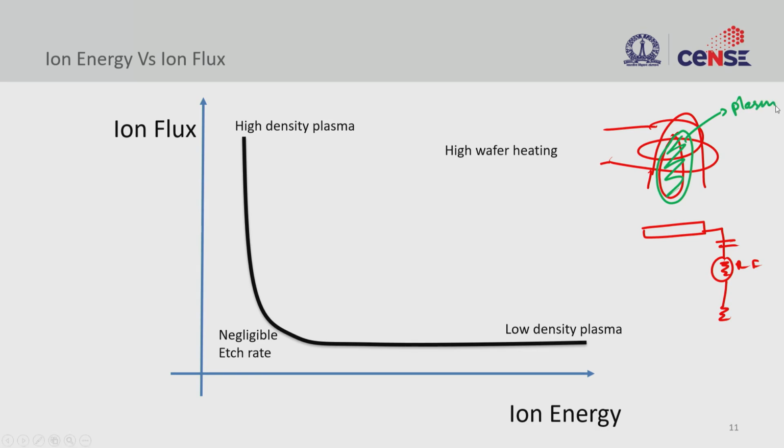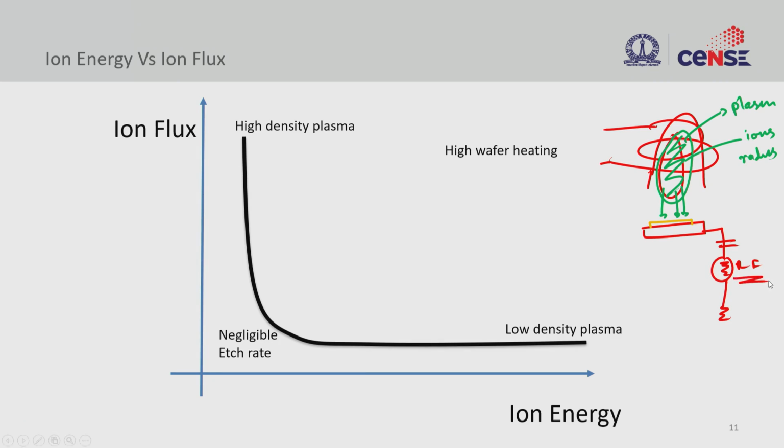But then all the radicals, and you have ions that are sitting here. Radicals are sitting here. But what we want is all these radicals to come and react with your wafer surface. Only then can you create a chemical reaction. And how do we do that? How do we attract them? By applying the RF that we have here.